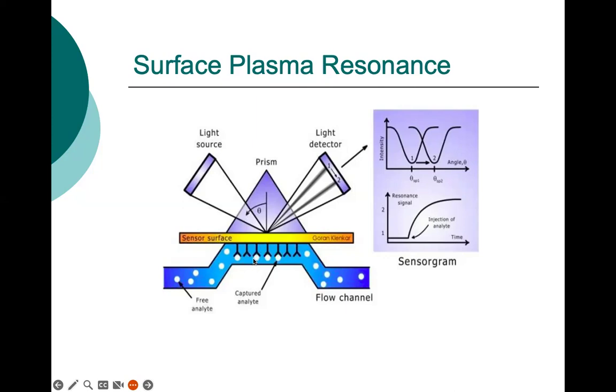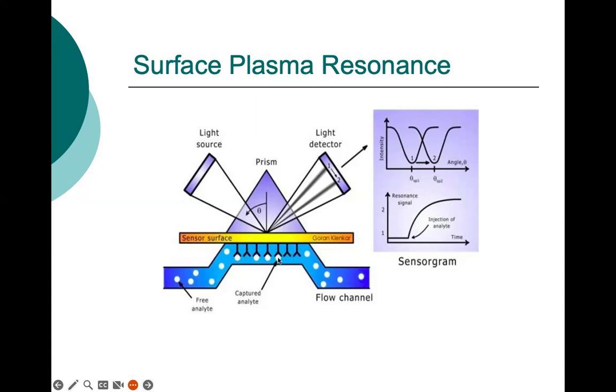This interaction of analyte and antibody triggers changes of intensity, or angle. I'm not really an expert in these machines. So there is a change of angle. You can see if there is no analyte, the white one, there is a different angle.